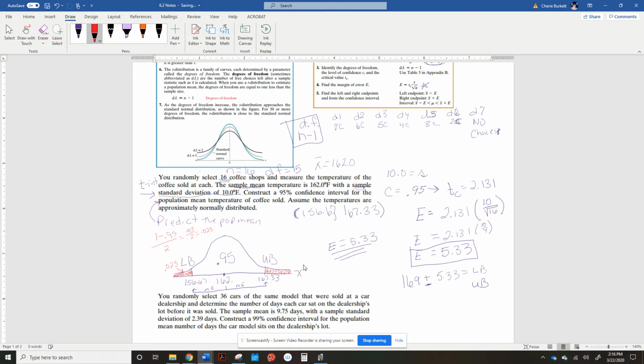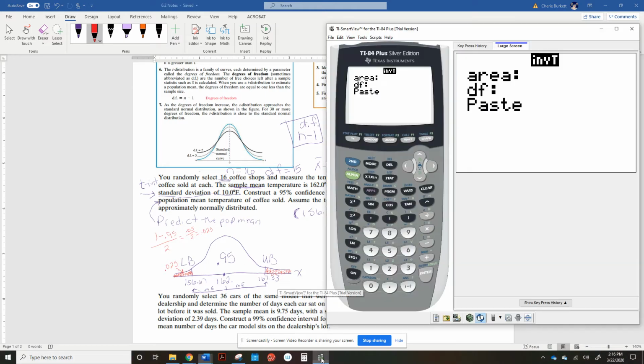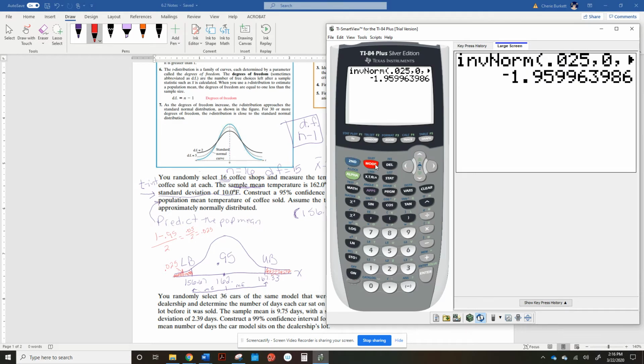So this area that I have shaded in red is 0.025. And then what you do on your calculator is, I already started it. Again, we're looking up an area, so that's going to be an inverse norm, but it's not the same as we did a while ago.